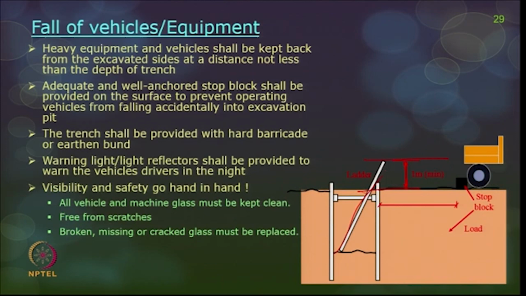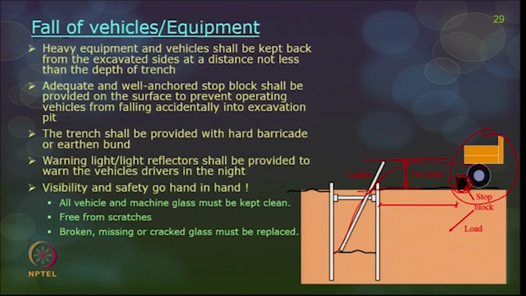Heavy equipment and vehicles shall be kept back from the excavated sites at a distance of not less than the depth of the trench. So, they should be really away from the excavated site. An adequate and well anchored stop block should be provided on the surface to prevent equipment from accidentally running in and falling into these pits.